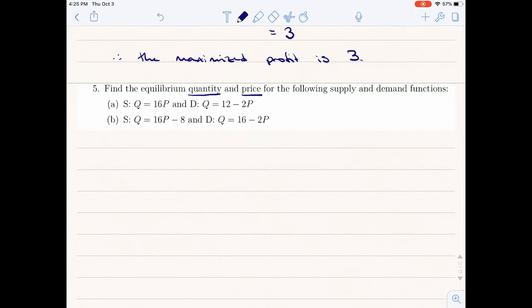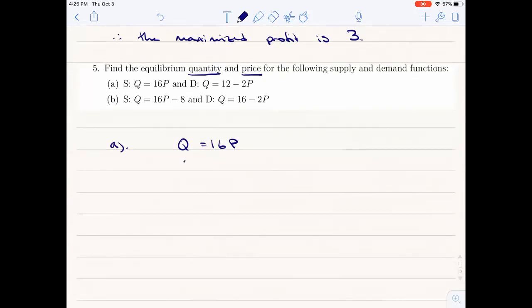Okay. So part A, S is a supply curve, D is a demand curve, but they're not adding anything to the equation, right? And so we've got Q is 16P, and then for the demand curve, we've got Q is 12 minus 2P.